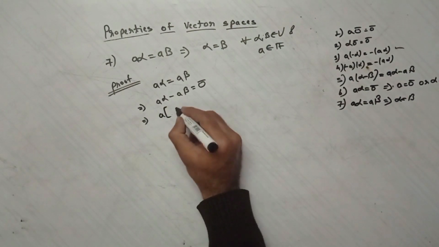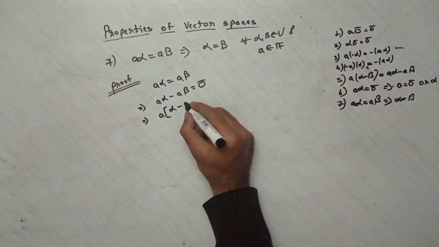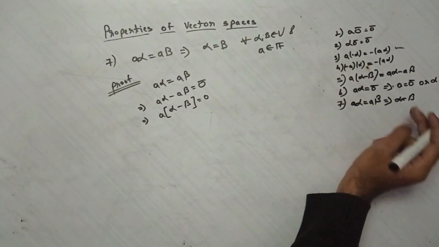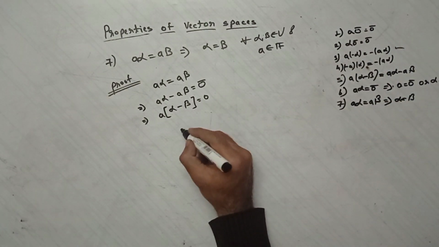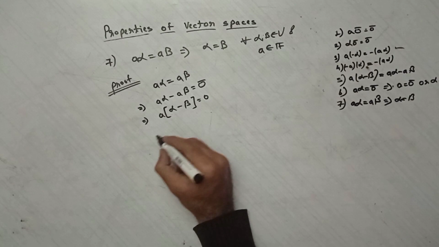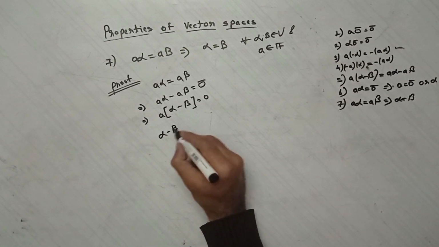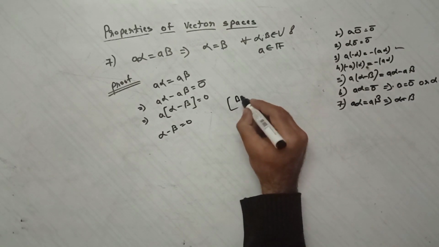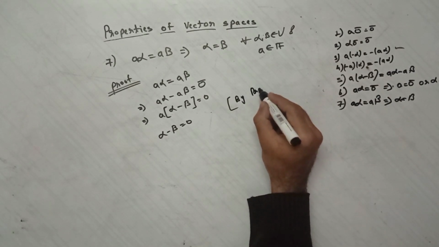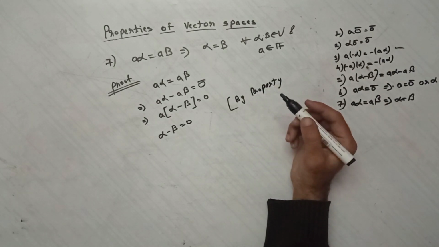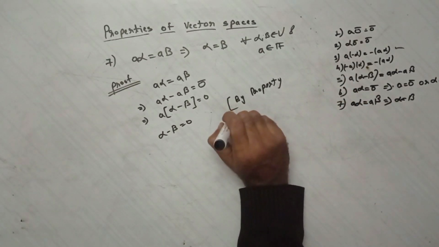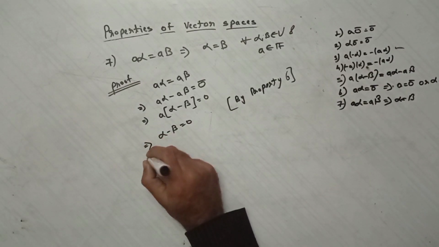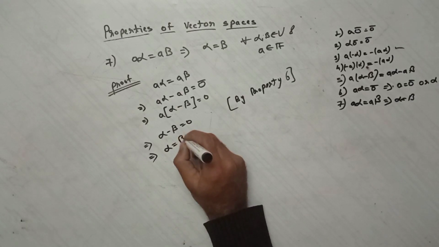Now we take a as common: a times (alpha minus beta) equals the 0 vector. By property number 6, if a equals 0 or alpha minus beta equals 0, then alpha minus beta equals 0. Okay, now it comes that alpha equals beta.